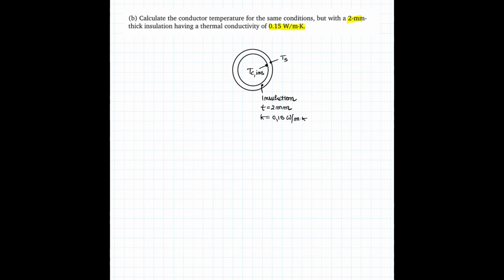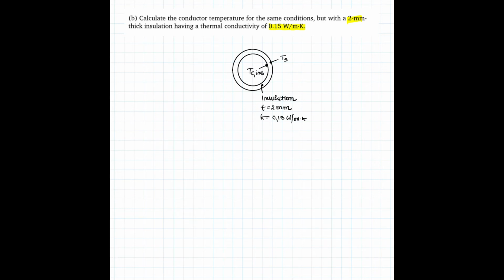Let's now solve part B of question 7.52. We have a different scenario now because we decide to insulate the conductor, and therefore we have an insulation layer which is 2 millimeters thick with a conductivity of 0.15 watts per meter Kelvin. Let's see how the conductor temperature changes.